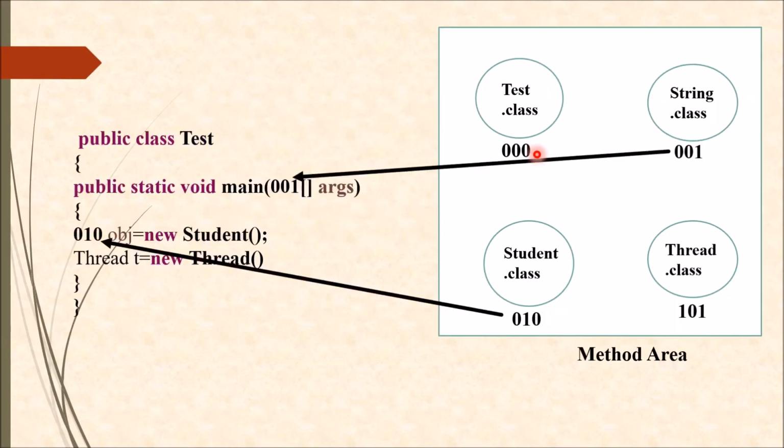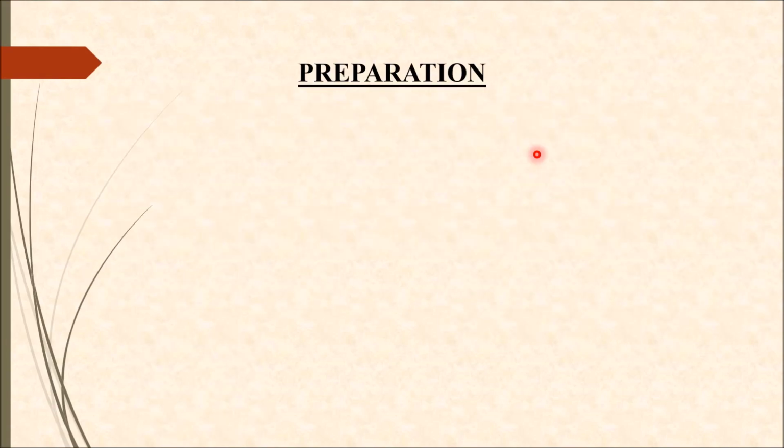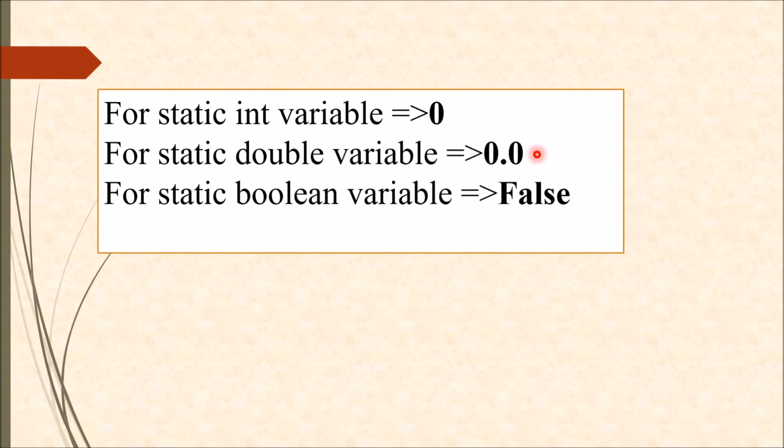Inside the preparation phase, whatever static variables were there, we assigned them the default values. And now inside the initialization phase, we assign those static variables their original values. This is the main task of the initialization phase.